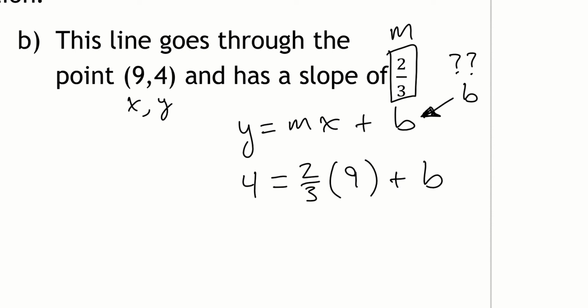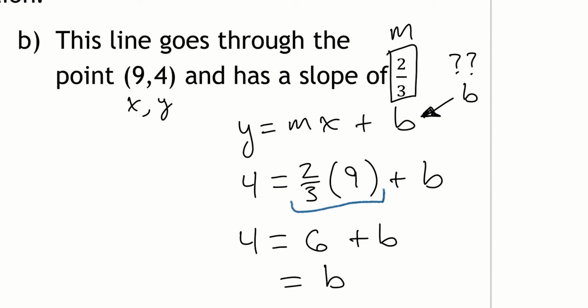If I simplify this 2/3 times 9, that multiplication problem, 9 divided by 3 is 3, and 2 times 3 is 6. So I have 4 equals 6 plus b. So to solve for my y-intercept parameter, I'm just going to take away 6 from both sides. If I subtract 6 from the right-hand side, I'm left with just b.